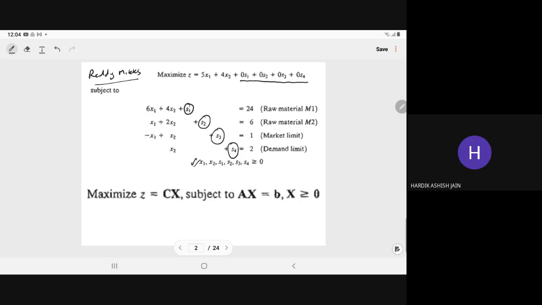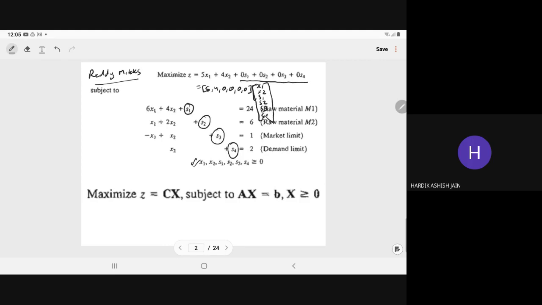Unit cost is 0. So this can be written as the row vector 5, 4, 0, 0, 0, 0 times the column vector x1, x2, s1, s2, s3, s4.